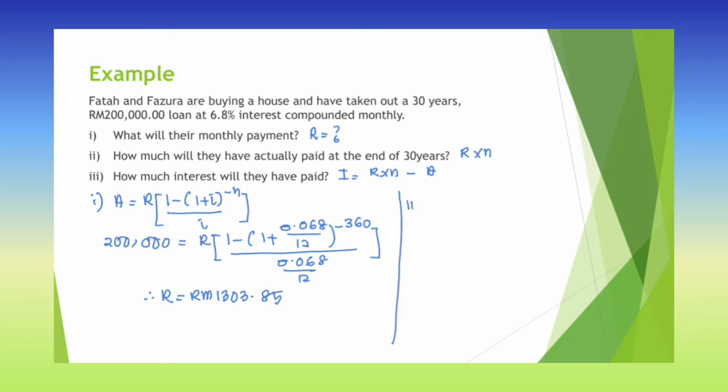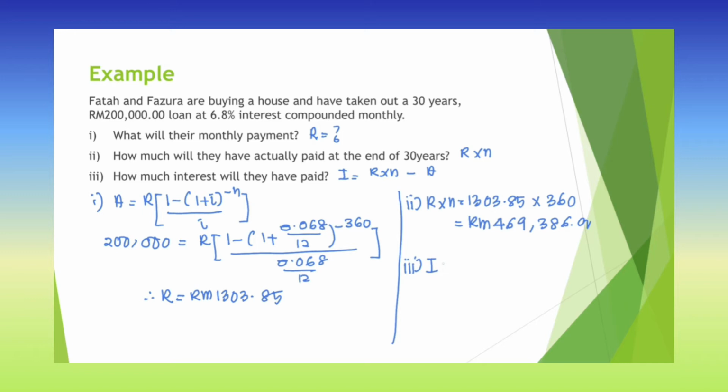For question number 2, how much will they have actually paid at the end of 30 years? R times N equal to 1303.85 times 360. So the answer will be RM 469,386. Question number 3.